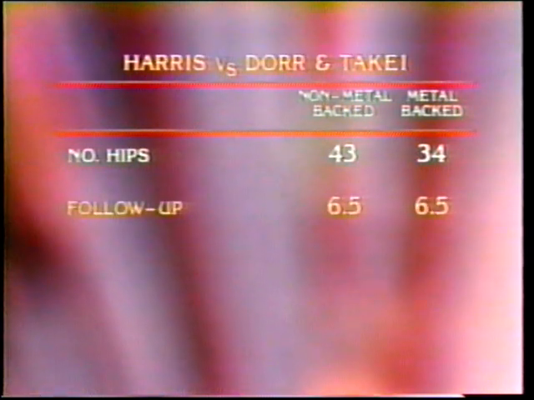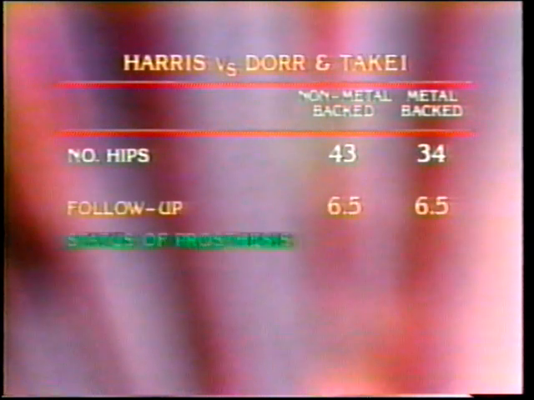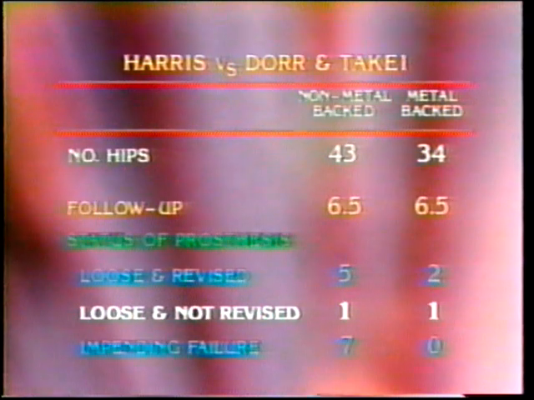Two series, Harris comparing his data with Doerr's series in a fairly similar case mix, however with one significant variant, and that is that on Harris's work they were all done by one surgeon using basically one technique, whereas in the Doerr series, the non-metal backed, the cases were done by a number of surgeons using various prostheses.